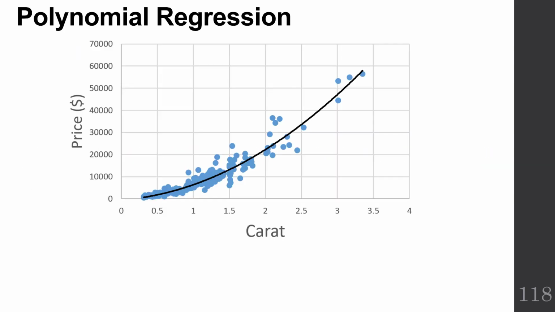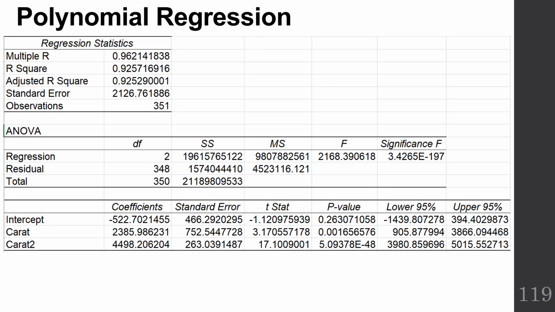So we fit this quadratic model, and I've put it on the scatter plot here, and it looks like it fits pretty well. We've got our output from our regression, and all I did was add a column in my data set where I squared the carat column. And I put carat in the model for my multiple regression and carat squared also in my model.